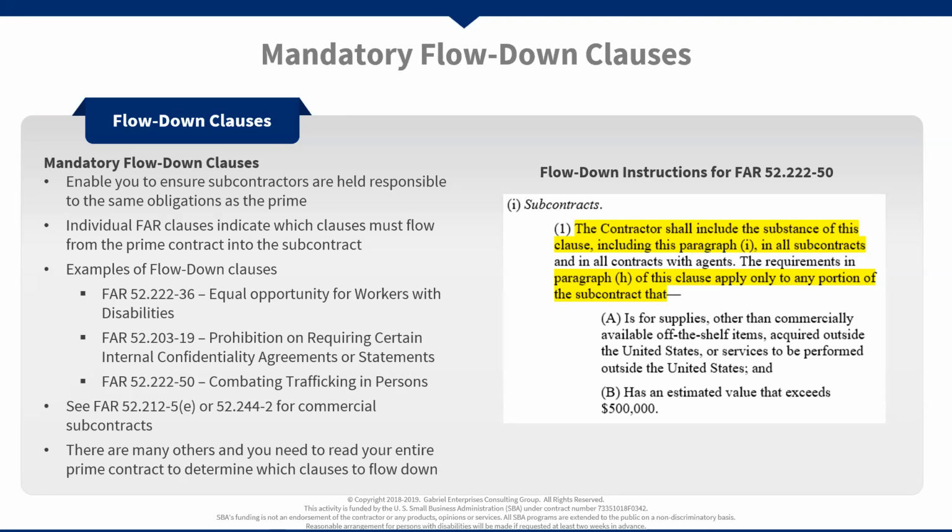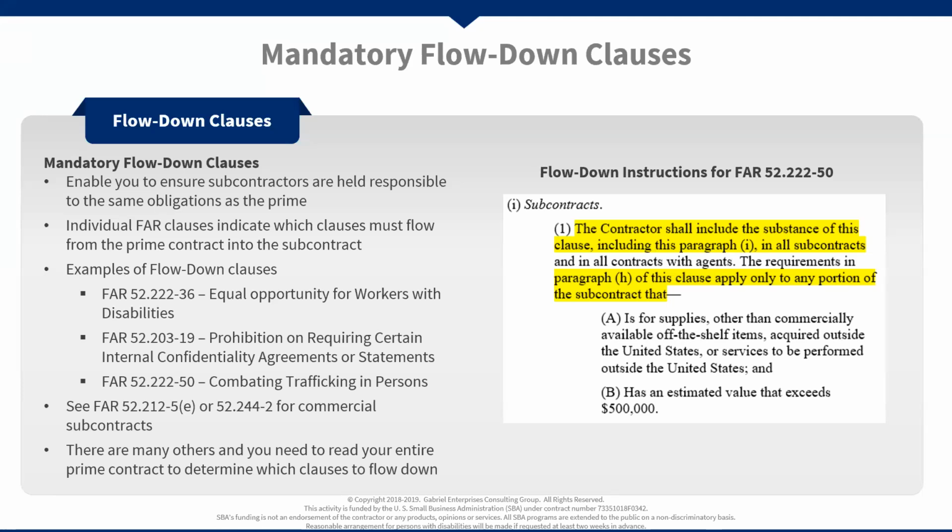In a lot of cases, you can either reference the prime contract and say that all these flow down clauses are going to be incorporated by reference, you can actually attach portions of the prime contract, or you can reference the specific FAR clauses that are being flowed down. A lot of times people are fine with attaching the relevant portions of the prime contract.